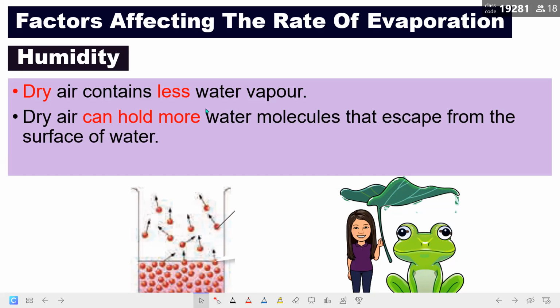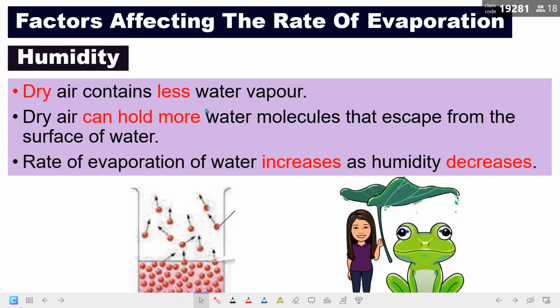That means because it is so dry, water molecules can come into that dry air. So the concept here is my rate of evaporation of water will increase. Evaporation can happen faster when my humidity decreases. When it's less humid, my rate of evaporation increases.